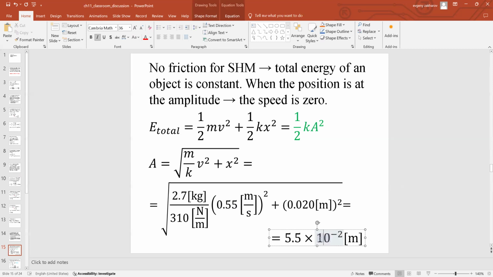Show me that you know your prefixes. Do not leave as centimeters. Do not leave millimeters. Do not leave mega joules or whatever. Please always convert to System International using scientific notation and sig figs, of course. This is the best way to answer questions in physics and science in general.